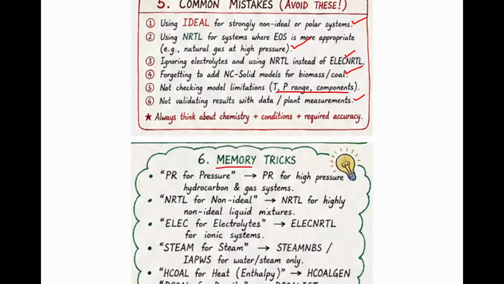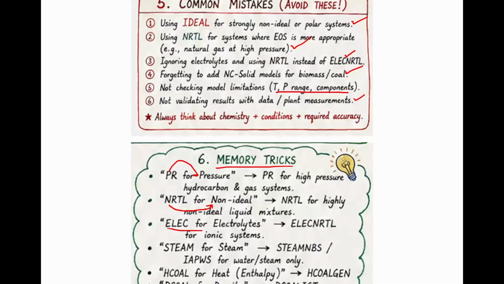If we look at the memory tricks to remember when to use which model: PR for pressure, PR means Peng-Robinson, for high pressure hydrocarbon and gas systems. NRTL for non-ideal, so P for pressure, N for non-ideal, so NRTL for highly non-ideal liquid mixtures.